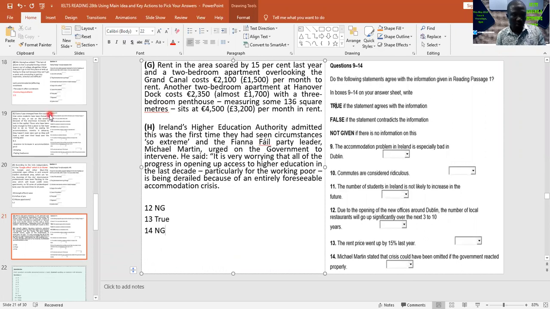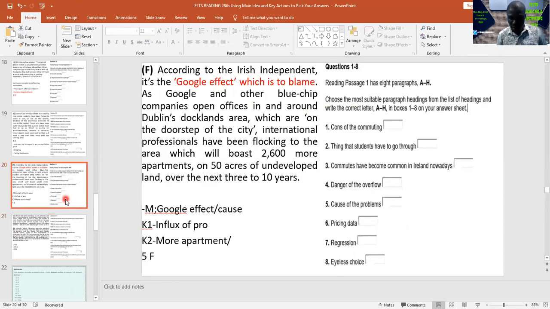Then let's go back into the next question. This one is talking about rent soaring by 15%, overlooking the ground cost of a one-bedroom apartment and annual cost.